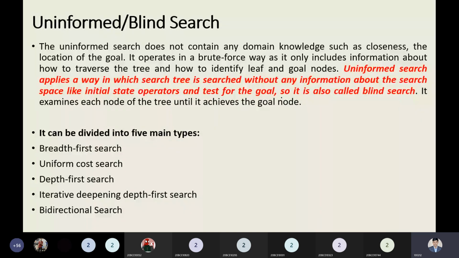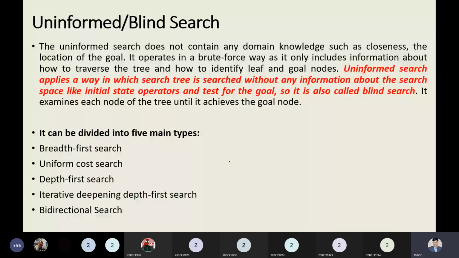Here we will take a very small example, but in real life it will have very good applications, which define whether it is guided or not guided. In this case we have five different types of searching algorithms.